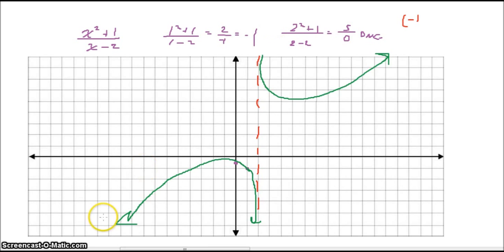Right down the middle we have what's called a slant asymptote. If you used polynomial long division, you could find the equation of that asymptote.